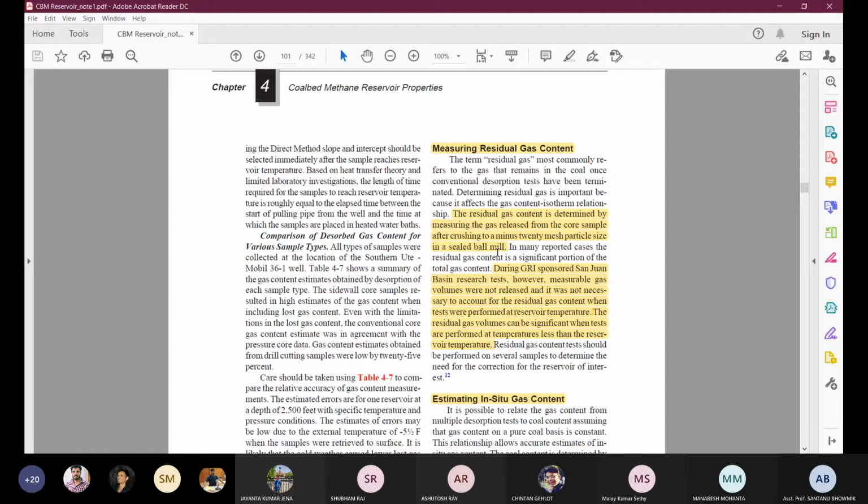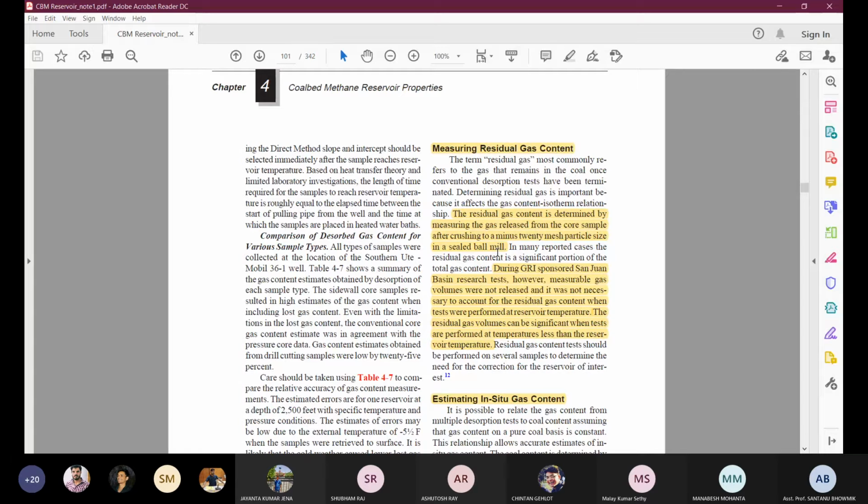But if you crush the sample and produce a smaller size fraction, like minus 20, or even minus 100 to 150, then a lot of the gases which were earlier trapped are now coming out.